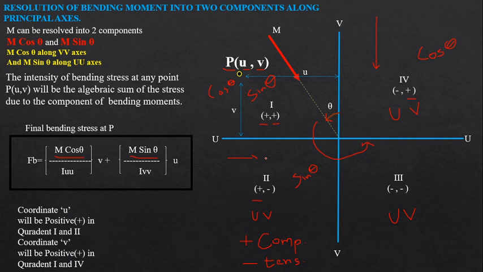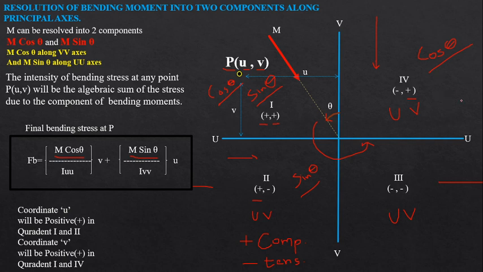M cos theta gives compression in the first quadrant and fourth quadrant, and in the other quadrants it gives tension. And sin theta gives compression in the first quadrant and second quadrant. So M cos theta gives compression in the first quadrant, tension in the second quadrant, tension in the third quadrant also, and compression in the fourth quadrant.